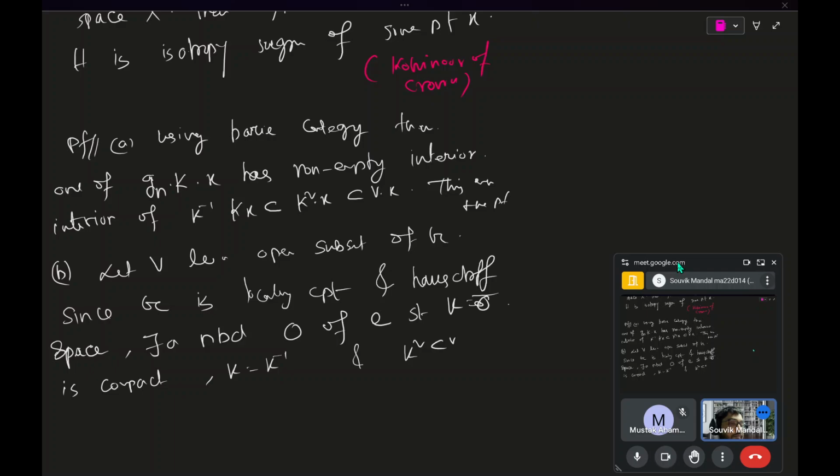Now, part C is what I need to prove: to prove the map phi is an open map.